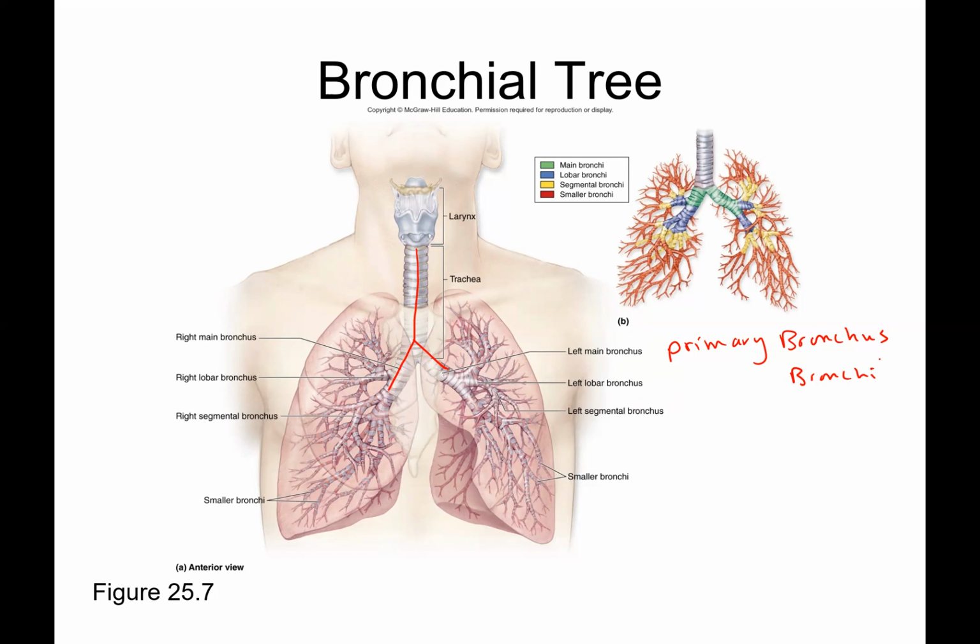I tend to use the primary language. So the first branch, the left main bronchus, the right main bronchus, or the left primary bronchi or the right primary bronchi. That is the first branch off of the trachea, the primary bronchi.